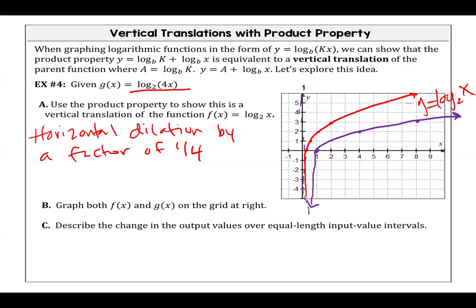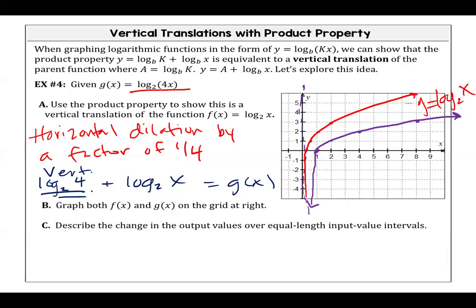Well, when you have log base 2 of 4x, we can expand that. And that expands to become log base 2 of 4 plus log base 2 of x. So when I expand g of x, I now have a vertical translation of log base 2 of 4.